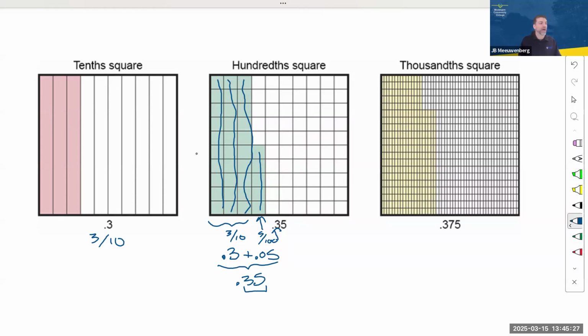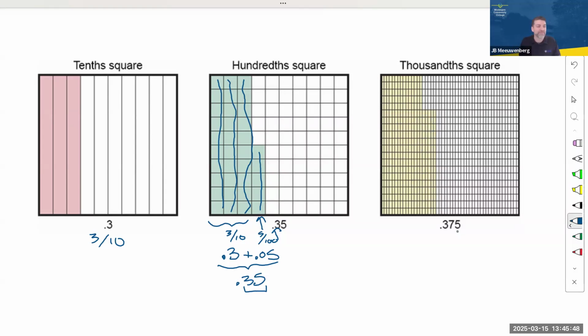We could overlay the tenths on top of the thousandths, the hundredths on top of the thousandths, and we could do that same thing. Break it up into three vertical strips, and then see we've got 7/10, 5/100ths, right? So we could do that same thing here.